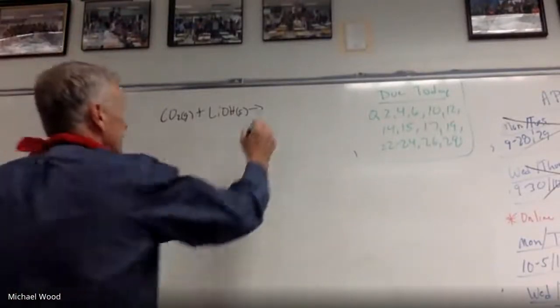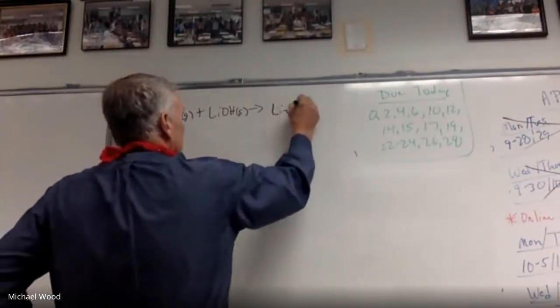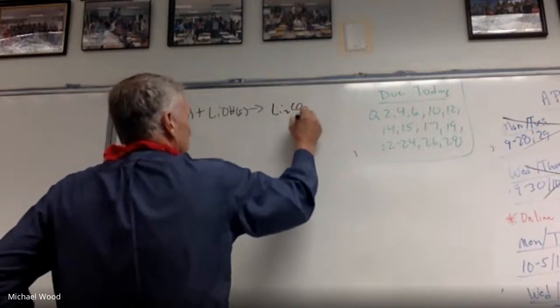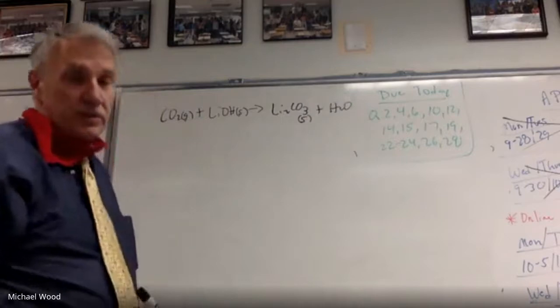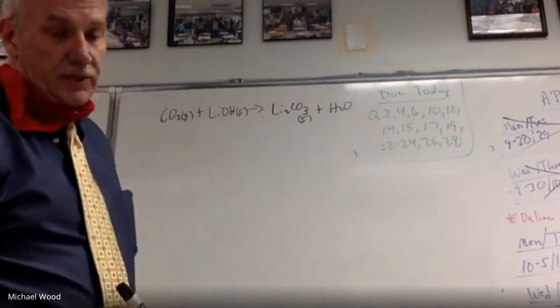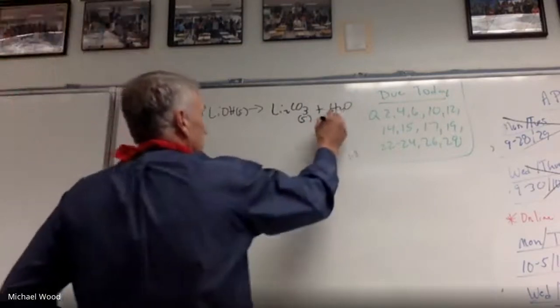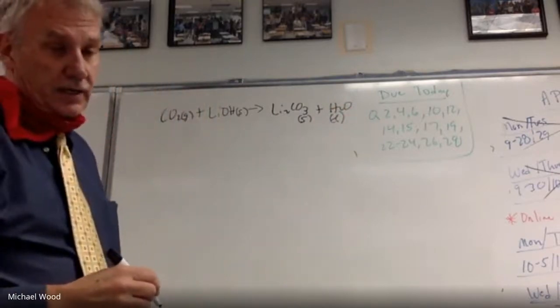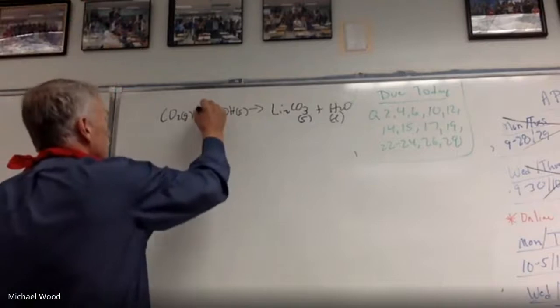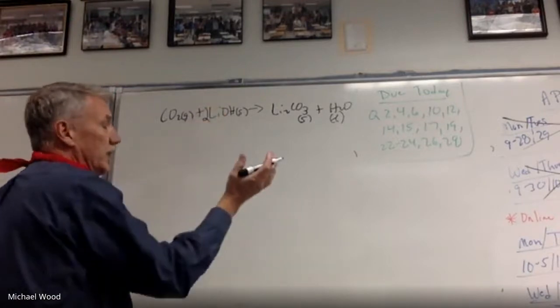It says it makes lithium carbonate, which also has to be a solid, and water, which it says is a liquid. Again, just like in the last problem. So then I need to go back and balance this, and I think I just need a 2 there. So again, writing out the equation.